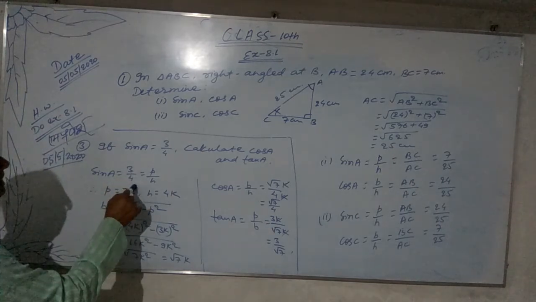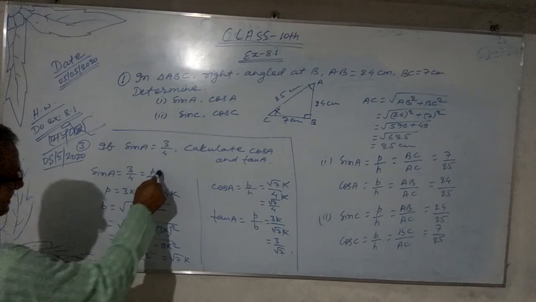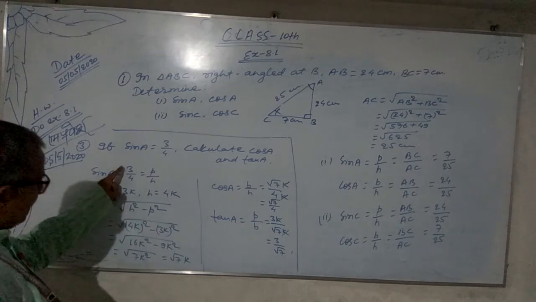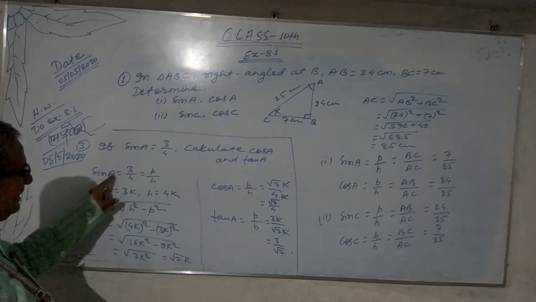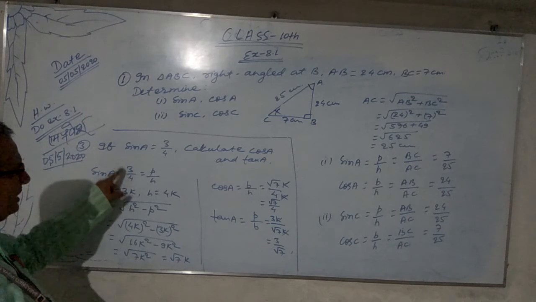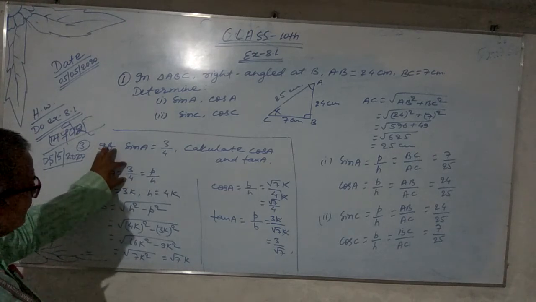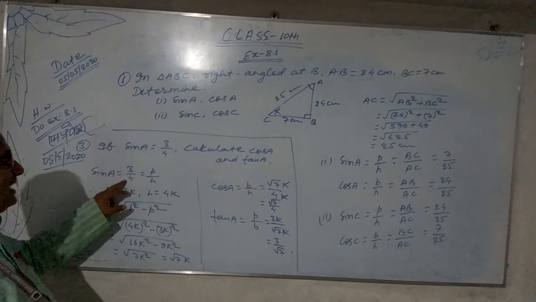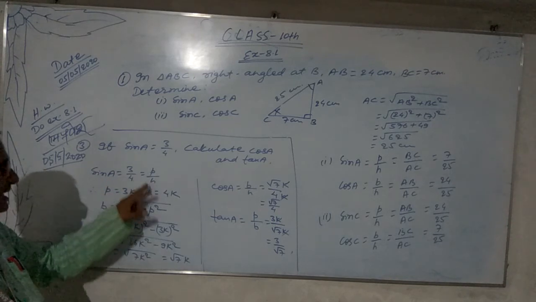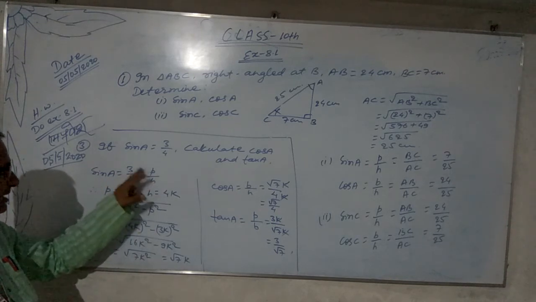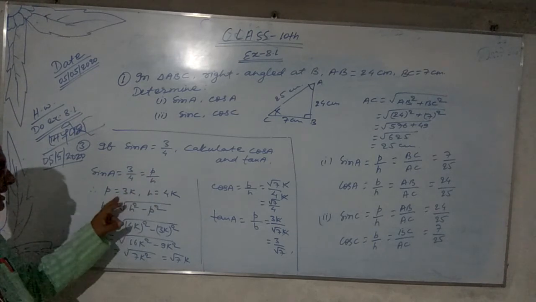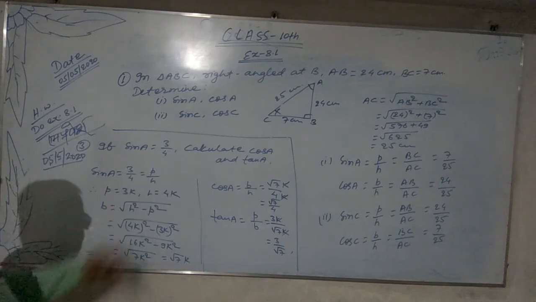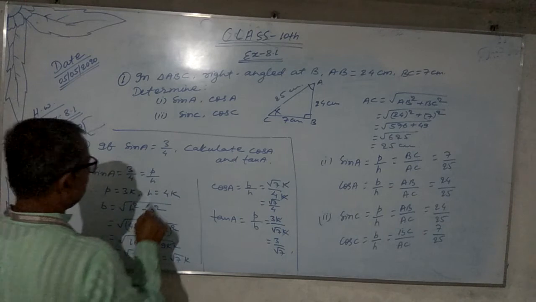Sin A is 3 by 4, it is given, and as we know that sin A is equal to 3 by 4, it means these are the ratios between the two sides of a triangle. That's why we take P by H, P as 3K and H as 4K.